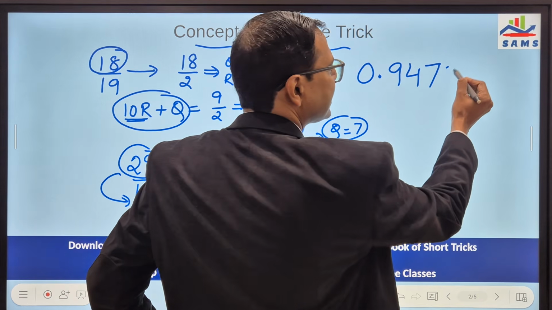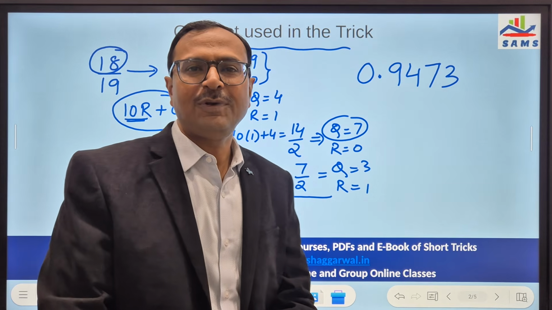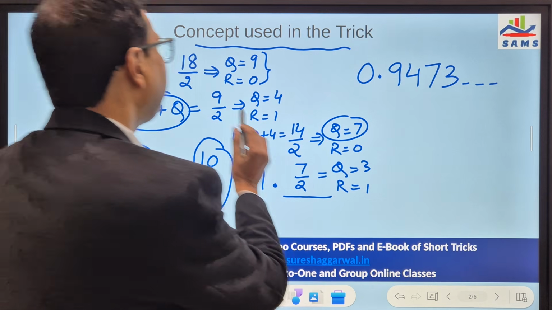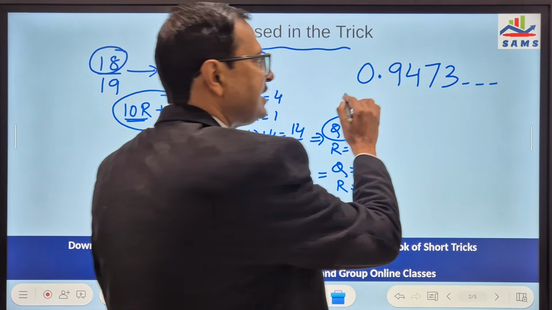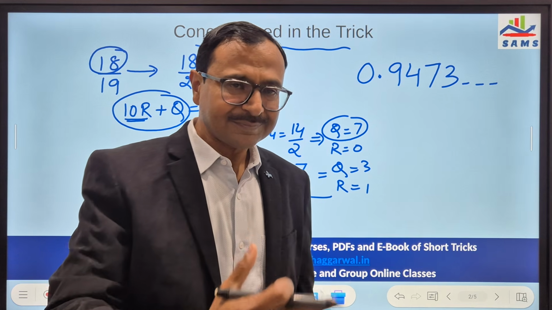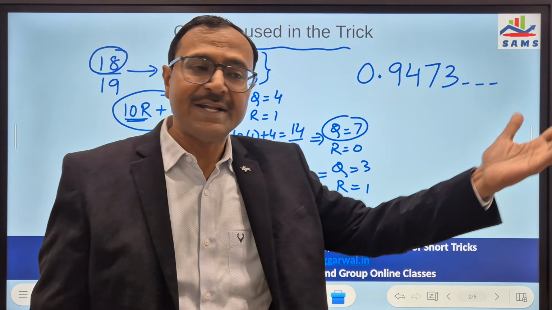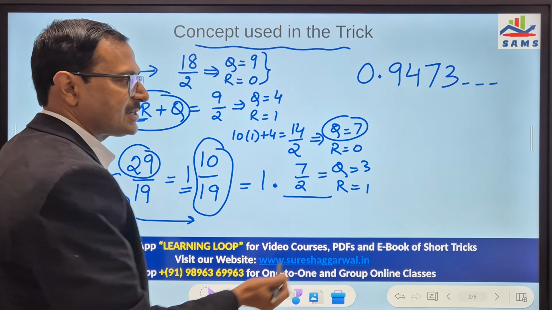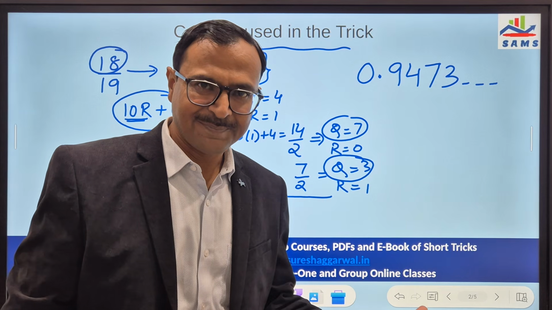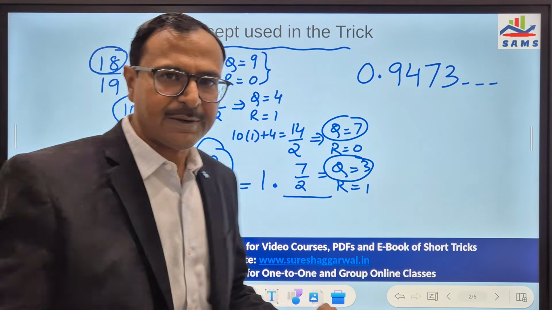Quotient 3 means the next digit is 3, and you can continue on and find the answer. So your answer for 18 divided by 19 is 0.9473 and so on. I have found 4 digits. If you want to find 7 or 8 digits, you can continue this process on the next quotient and you will find more digits. So this is the concept used in the trick.